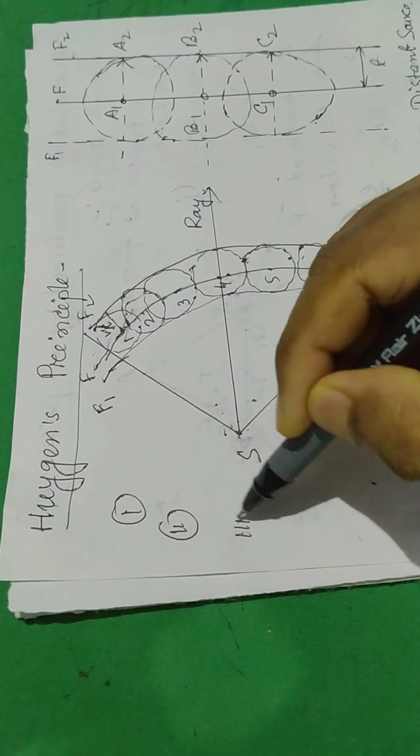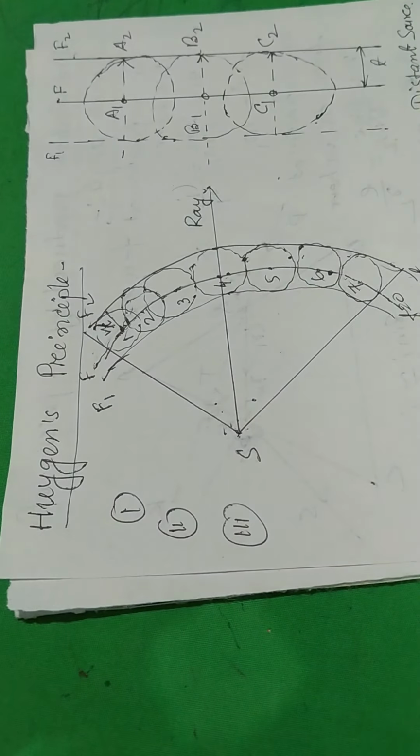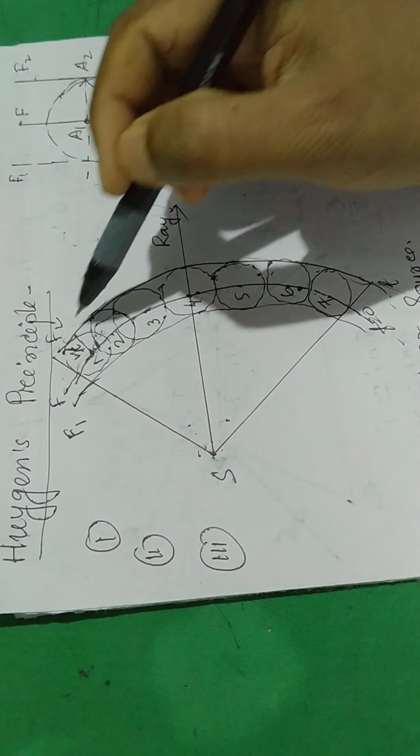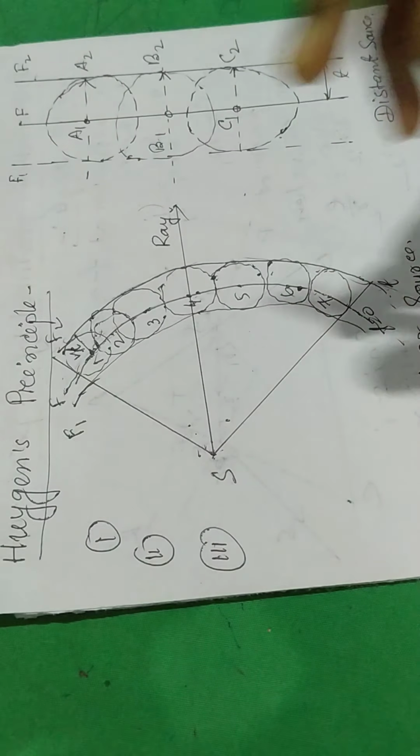Third statement: the forward envelope enclosing the tangent to the secondary wavelets at any instant gives the new position of the wavefront. So this tangent drawn is the new position of the wavefront.